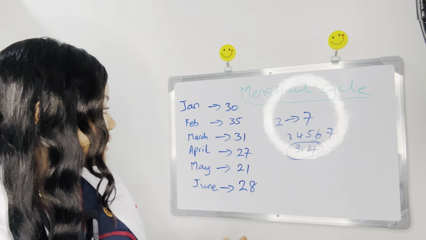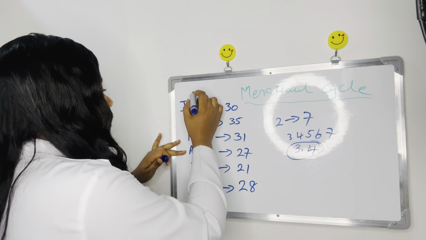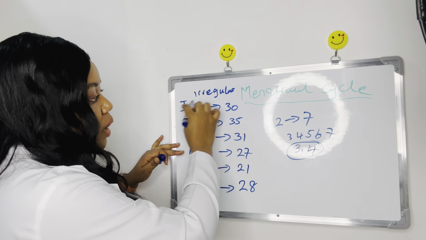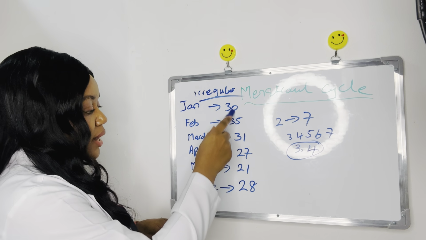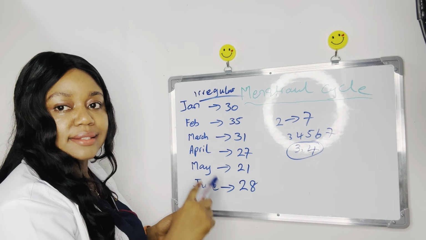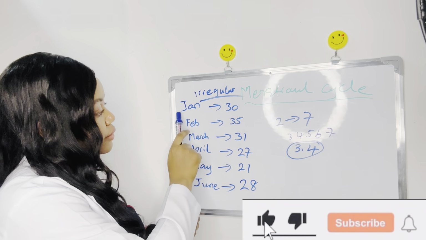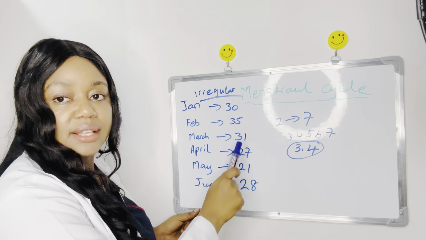So that being said and done, how do you calculate the ovulation period for someone with an irregular cycle? When you look at the cycle, you take the one that is lowest. You choose the month that is lowest. In the month of January, this person had a menstrual cycle of 30 days.